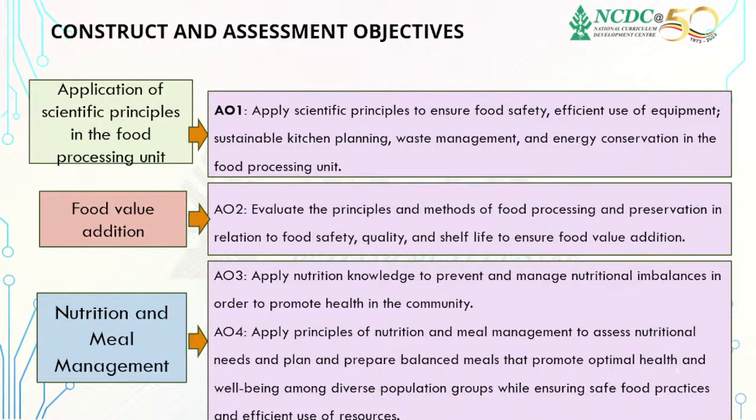And then the other assessment objective is apply principles of nutrition and meal management to assess nutritional needs and plan and prepare balanced meals that promote optimal health and well-being among diverse population groups while ensuring safe food practices and efficient use of resources.